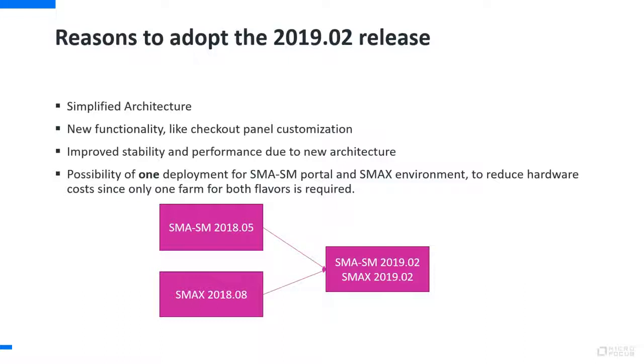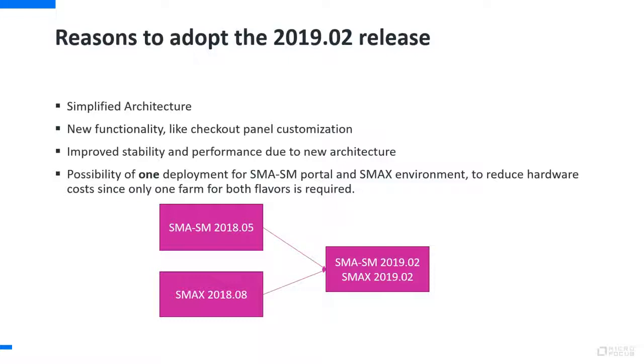And I think one of the main reasons to adopt this release as soon as possible was that since the 2019-02 release, it's possible to have one deployment for SMA-SM, so the portal for Service Manager, and the SMAX environment. As I introduced before, this customer is running the portal for SM and SMAX in the 2018 versions. That means they had to deploy it on 2 farms with 2 sets of servers, which is a high footprint, as some of you probably know.